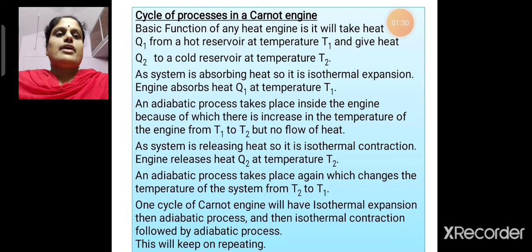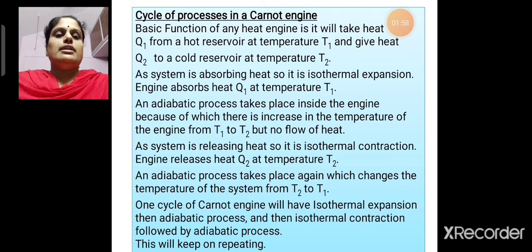The basic function of any heat engine is that it will take heat Q1 from a hot reservoir at a temperature T1 and give heat Q2 to a cold reservoir at temperature T2. As the system is absorbing heat, it is in isothermal expansion.